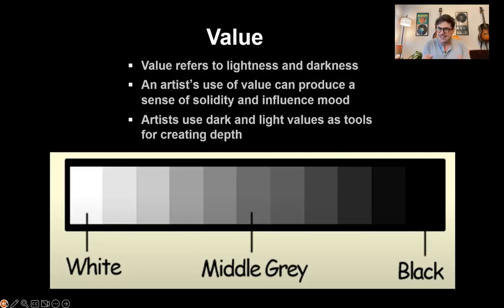So, contrast, let me just tell you what that is real quick. If you have the whitest whites and the darkest darks, going from white to black, contrast is how far separated those two colors are. So if you have this, from white to black, that's a high contrast.